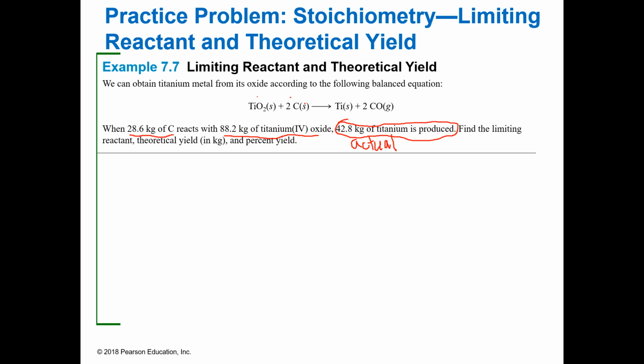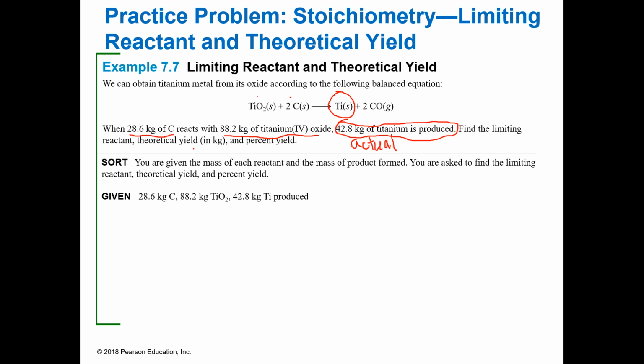So what we're going to do, we're basing it off looking for titanium. We're going to do exactly what we just did. We're going to take the carbon and figure out how much titanium is made, then the titanium oxide, figure out the titanium, whichever one is the least is going to be our limiting reactant, and from there we'll get our theoretical yield, and then we can calculate the percent yield.